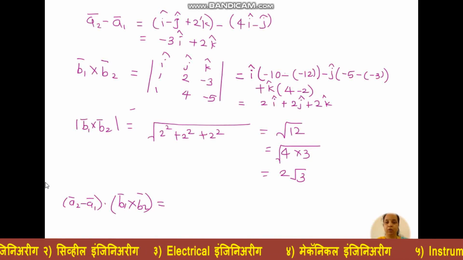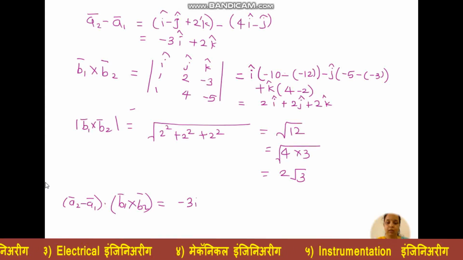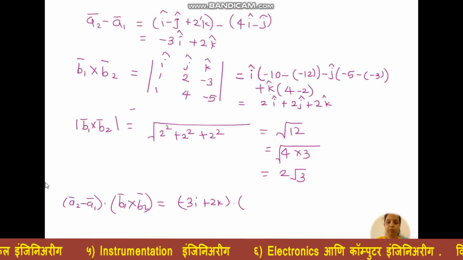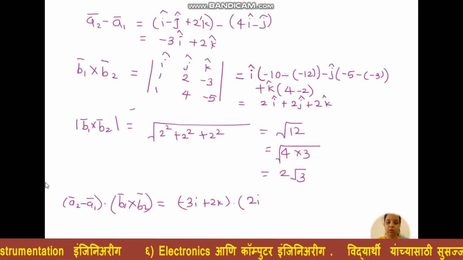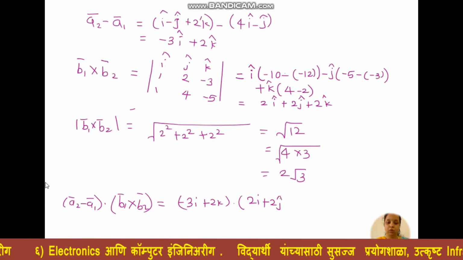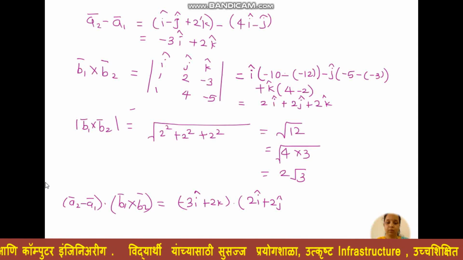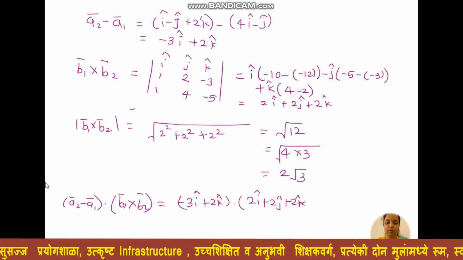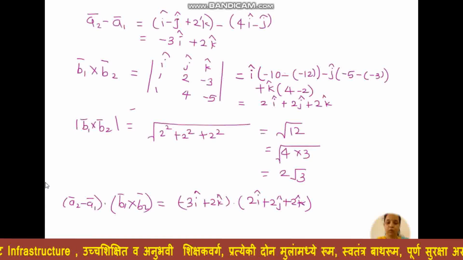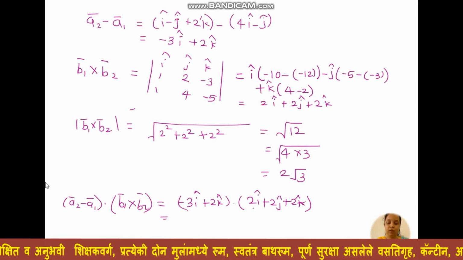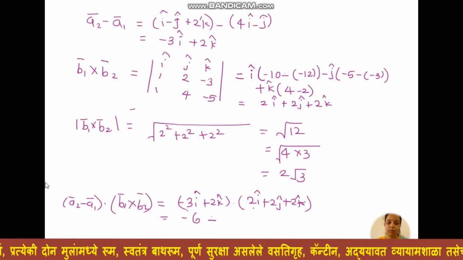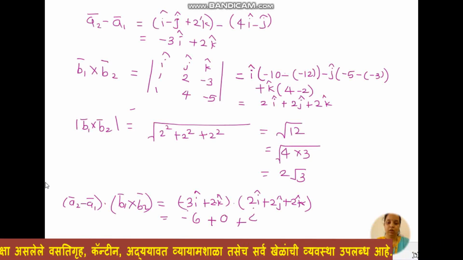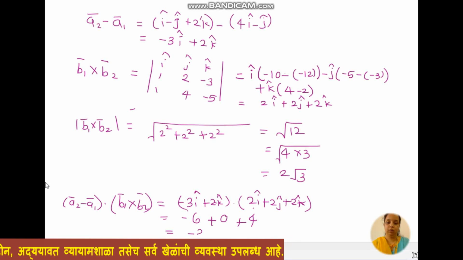Substituting values, a2 bar minus a1 bar is minus 3i plus 2k dot b1 bar cross b2 bar is 2i plus 2j plus 2k, which is equal to minus 3 into 2 is minus 6 plus 0 into 2 is 0 plus 2 into 2 is 4, which is equal to minus 2.